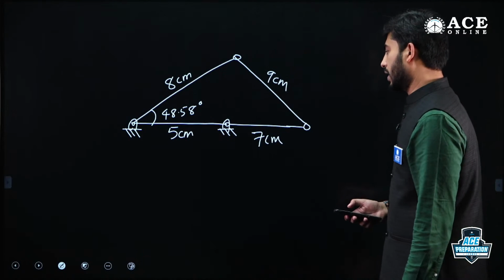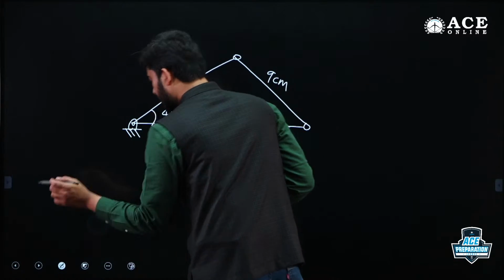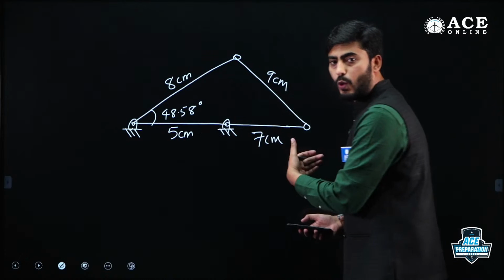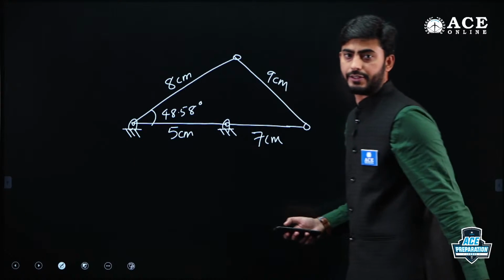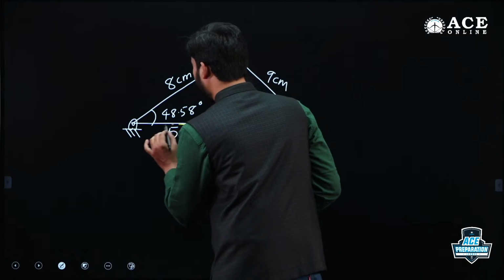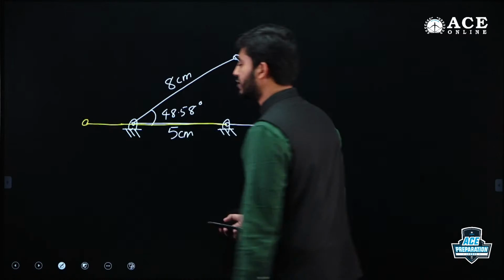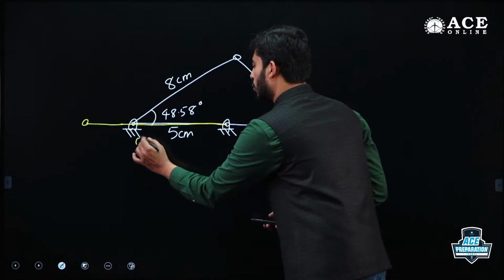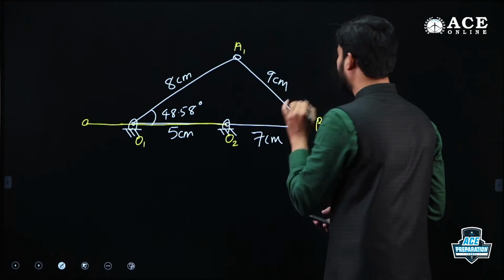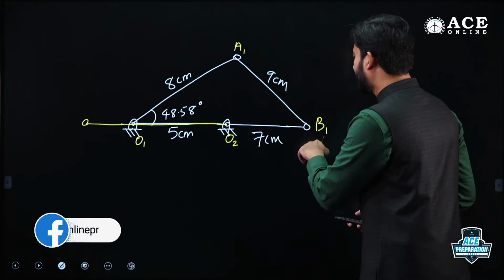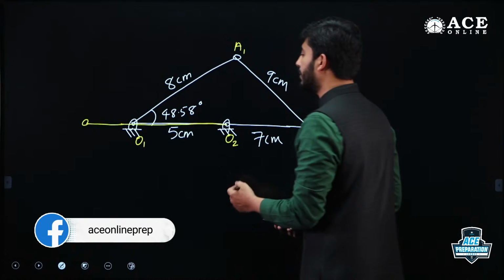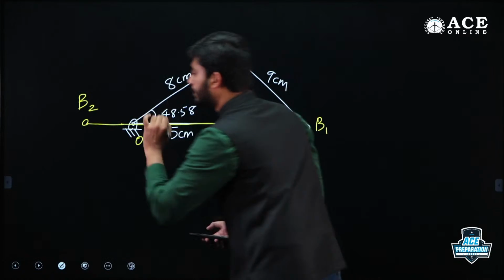Now let me change the color so that you can clearly differentiate between the extreme position in the forward direction and in the backward direction. This 7 centimeter link will be exceeding beyond this by a length of 2 centimeters. This is O1, O2, this will be A1, and this will be B1. The point B1 will be exceeding O1 on the left-hand side, so let me write this point as B2.